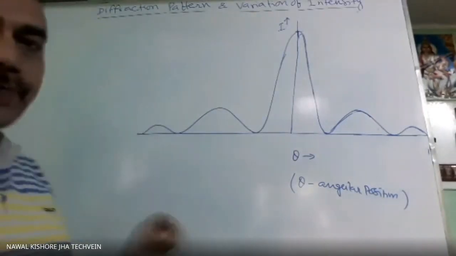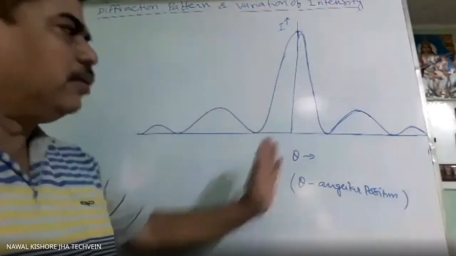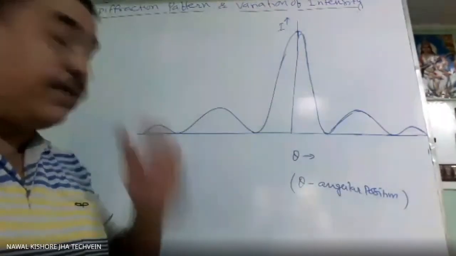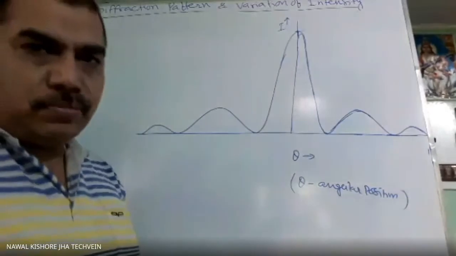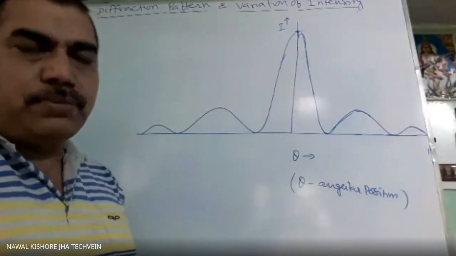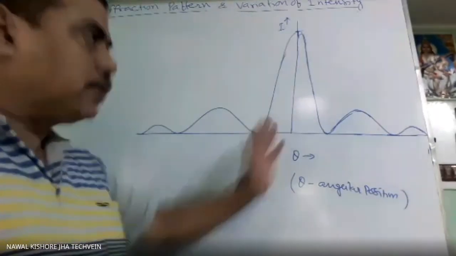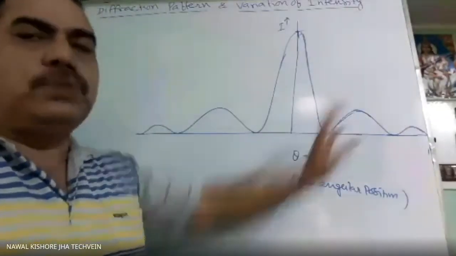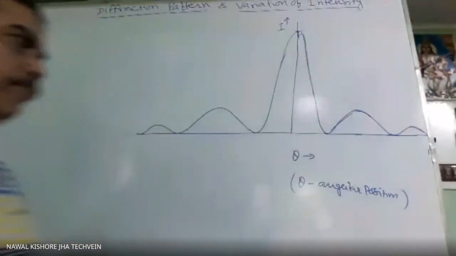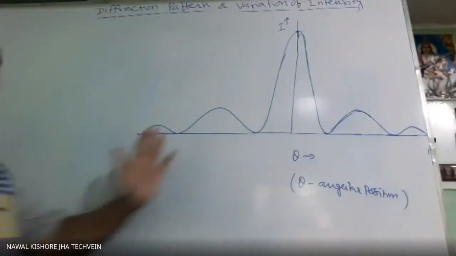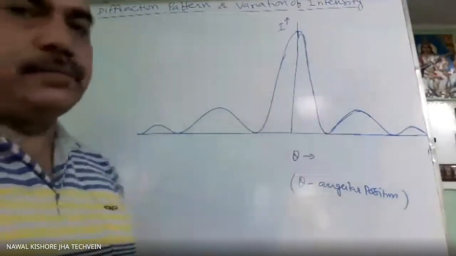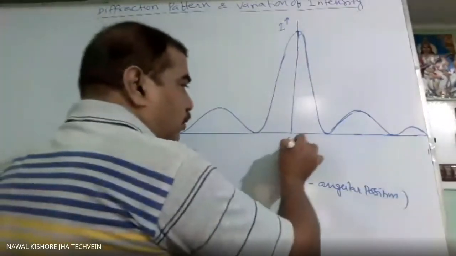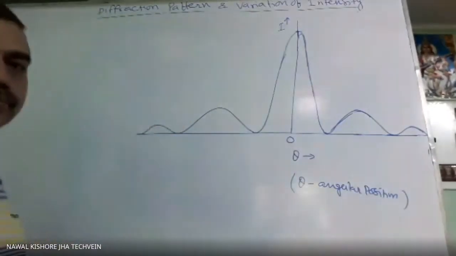In case of diffraction, we are not getting more than 3 fringes on both sides, whereas in case of interference, we are getting so many fringes we can't count. But in case of the diffraction pattern, generally we get 2-3 fringes on both sides. And the intensity varies. So this is our central maximum, that is at theta equal to 0.